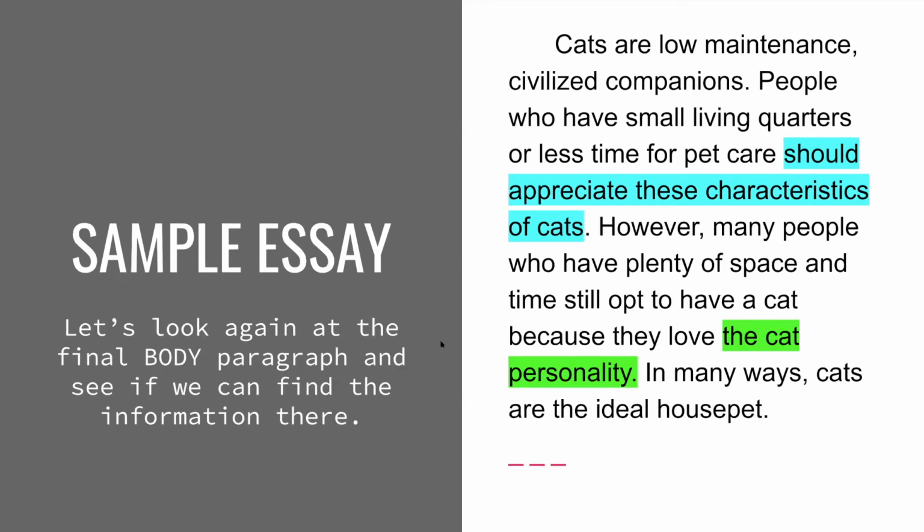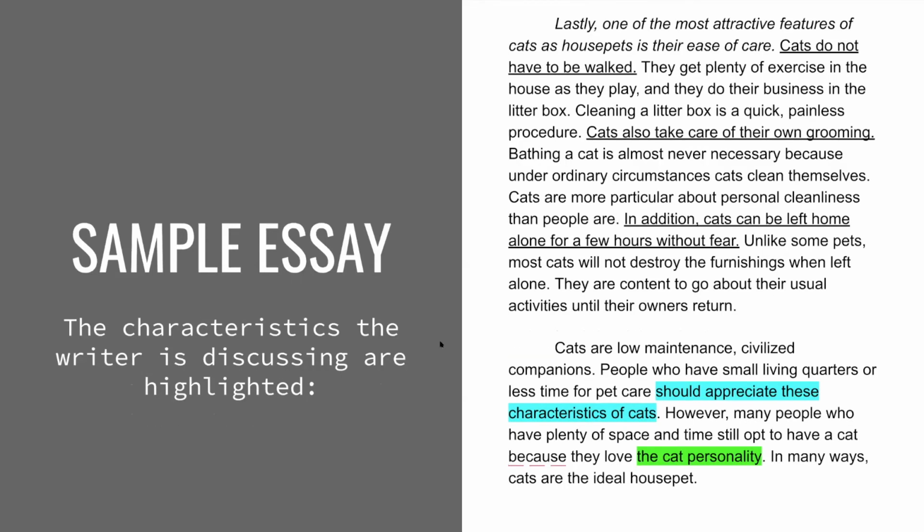Well, again, if we look at the body of the essay, going through the body, notice the characteristics that are highlighted. For example, these characteristics are highlighted here in that final body paragraph. They get plenty of exercise, right? They should appreciate these characteristics.